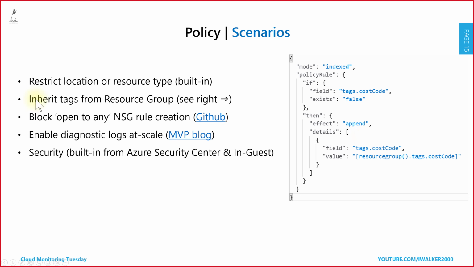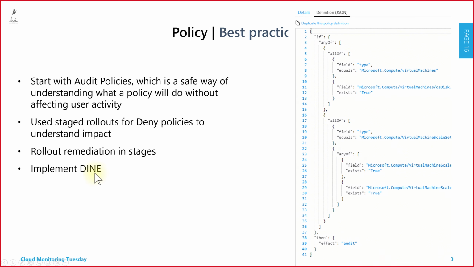You can again control groups, location, resource types. You can control the tags. You can control what exactly is inside your NSG. You can enable diagnostic logs, and you can look at these scenarios, etc. And most important, because we are running out of time: deploy if not exist.